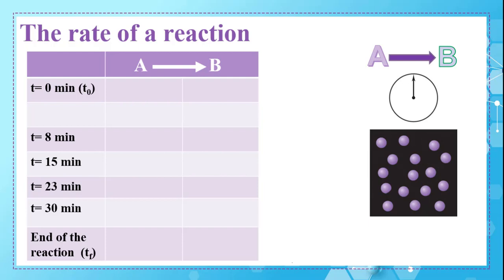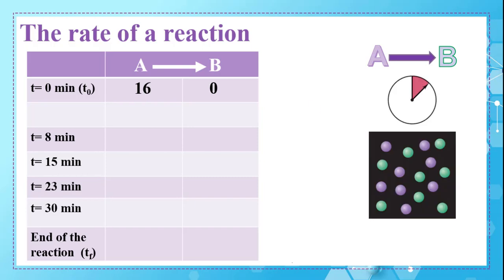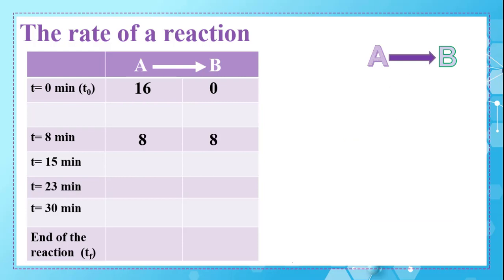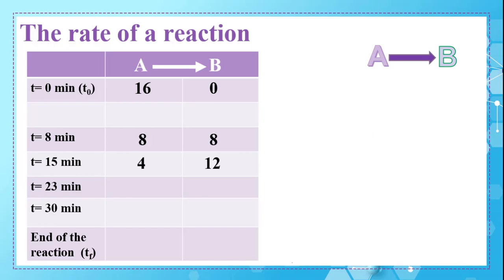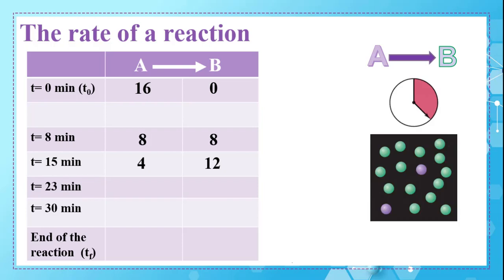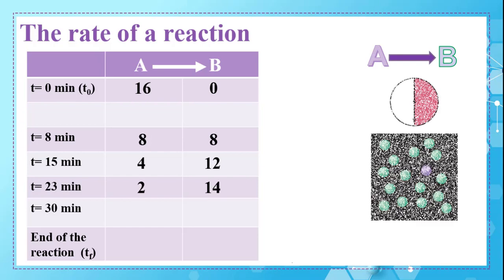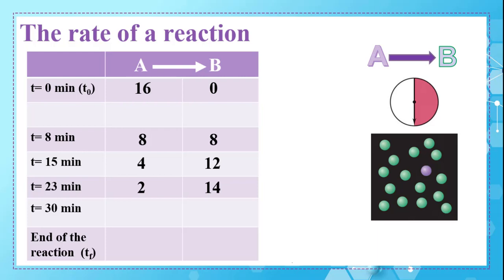At time T0, there were 16 particles of A and 0 particles of B. At 8 minutes, there are 8 particles of A and 8 particles of B. At 15 minutes, there are 4 particles of A and 12 particles of B. At 23 minutes, there are 2 particles of A and 14 particles of B. At 30 minutes, there is only 1 particle of A and 15 particles of B.